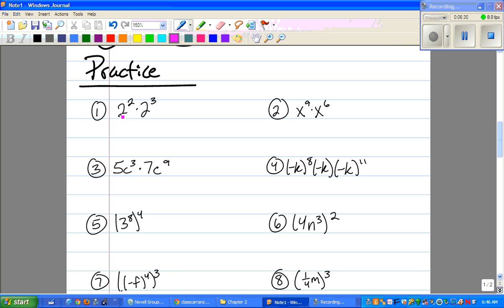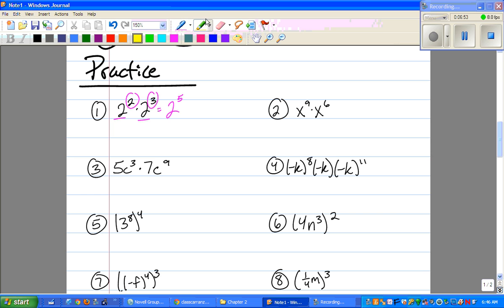Now, number 1, 2 squared times 2 cubed. We are multiplying the same bases, keep the base. 2 plus 3 gives you 5. What we're going to do is go through the odds, and then we're going to see if you guys can do the evens.